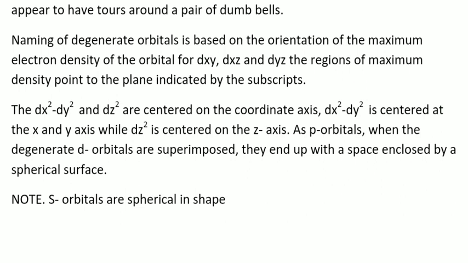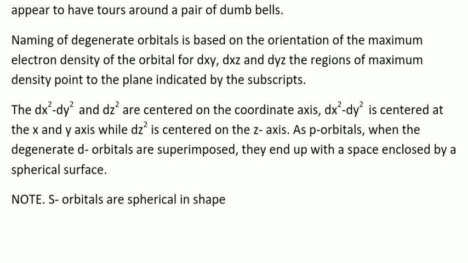The dx square minus dy square and dz square are centered on the coordinate axes. Dx square minus dy square is centered on the x and y axes, while dz square is centered on the z axis.